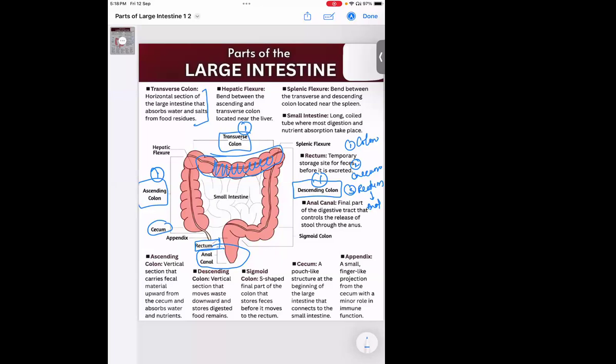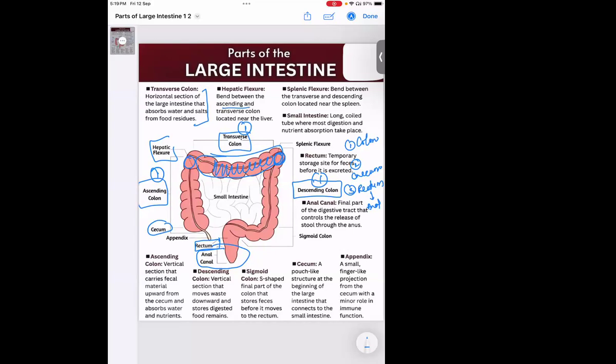Then the second and third parts, this part here and this part here, are called the hepatic flexure and the splenic flexure, which means bending. At the end of the transverse colon, two bends are there. The hepatic flexure is the bend between the ascending and the transverse colon.